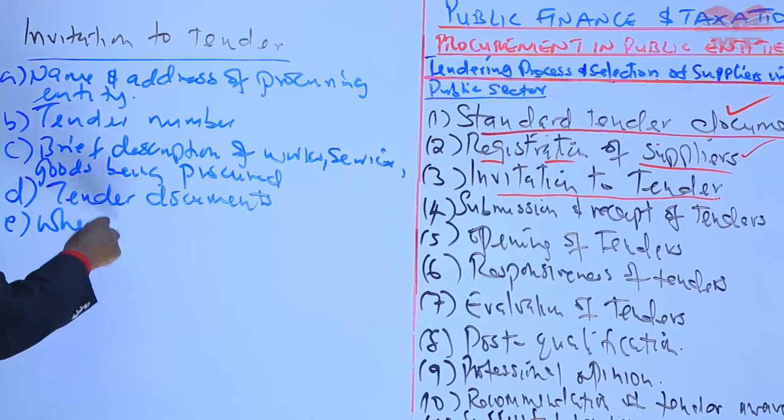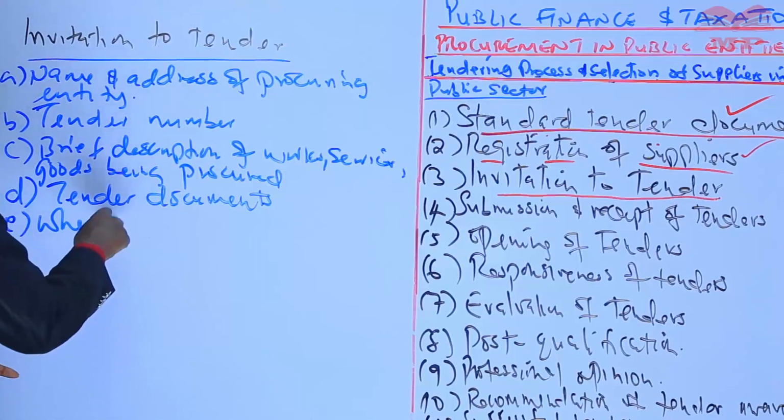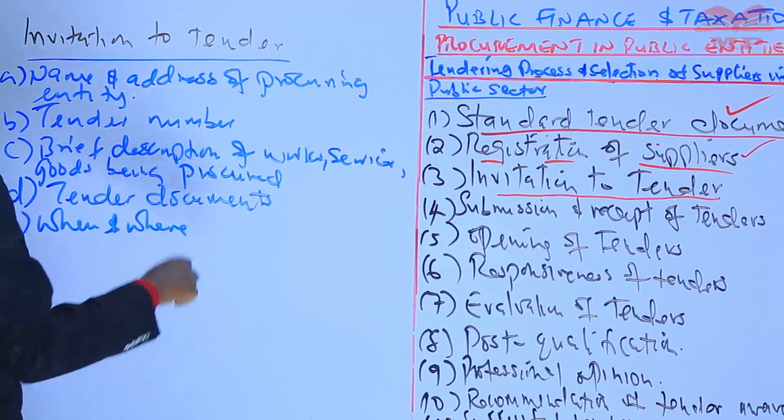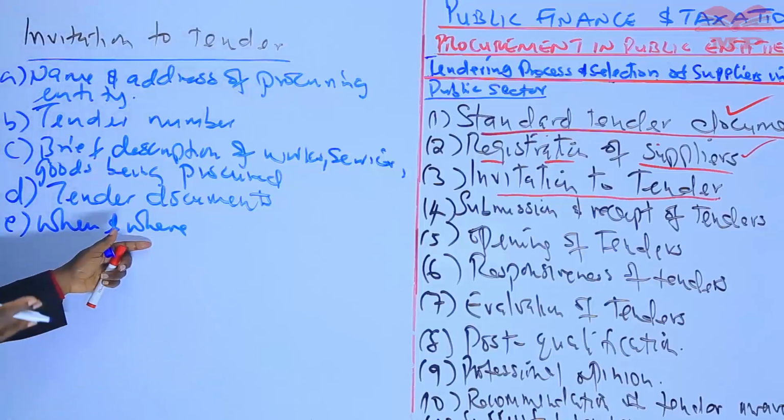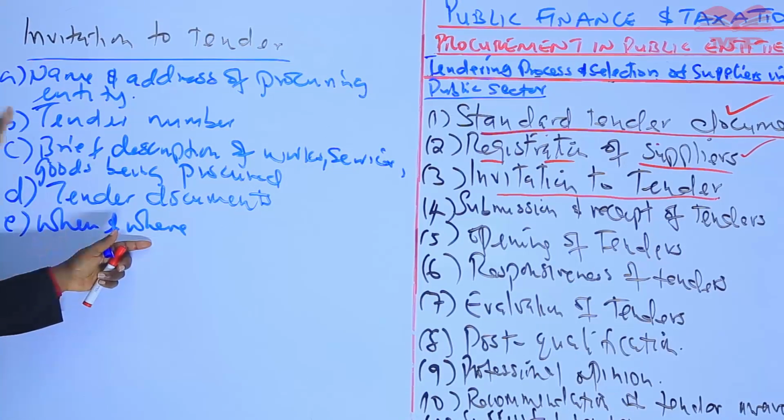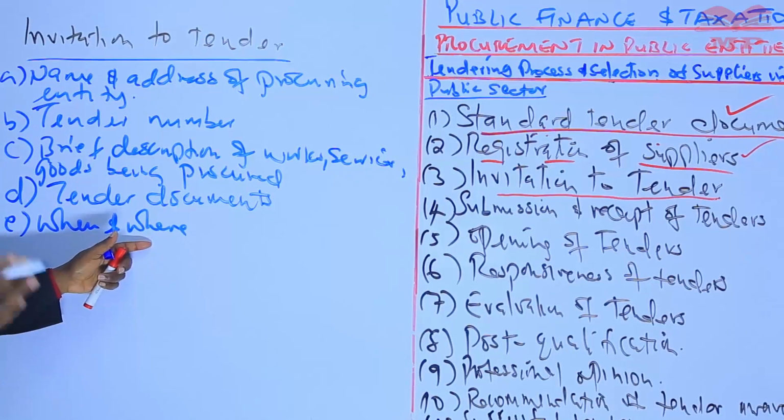A brief description of when and where the documents are to be submitted. There ought to be an explanation of where and when tenders shall be submitted, and where and when the tenders shall be opened.